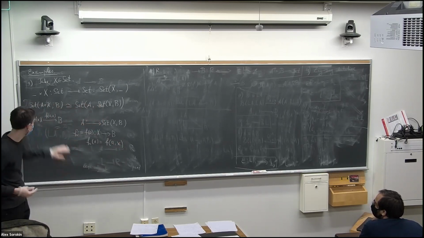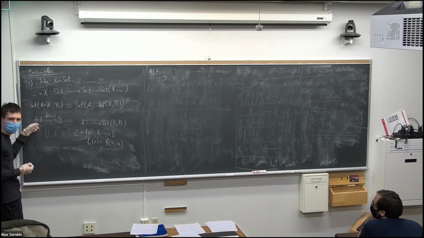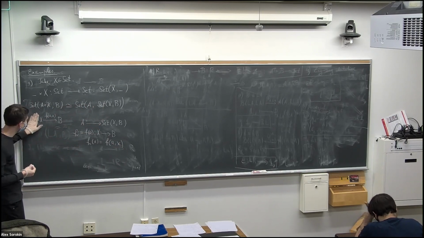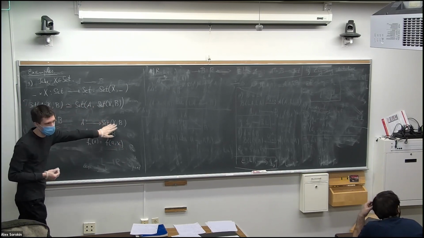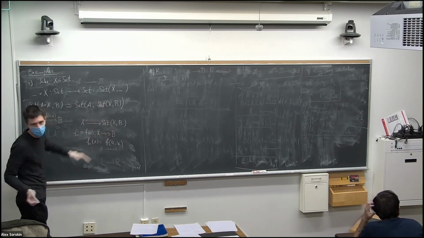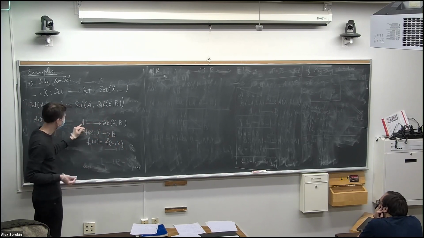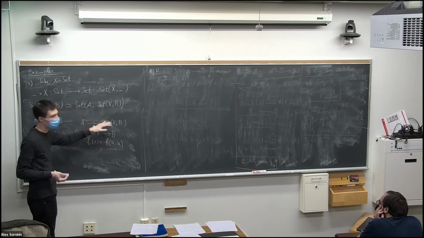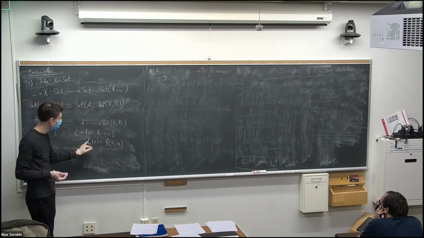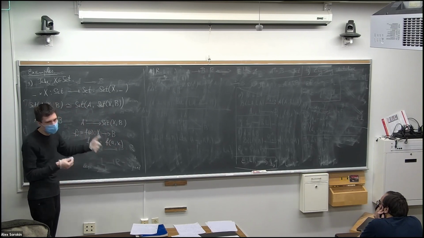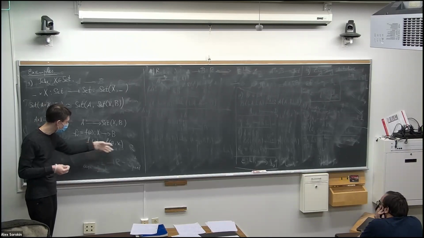Once you have a function of two variables, you fix one variable and get a function of the other variable. Magic. Vice versa. Once you have a set of functions parameterized by a set, parameter A, you can consider it as a function of two variables. One is your parameter A, another is your variable X.